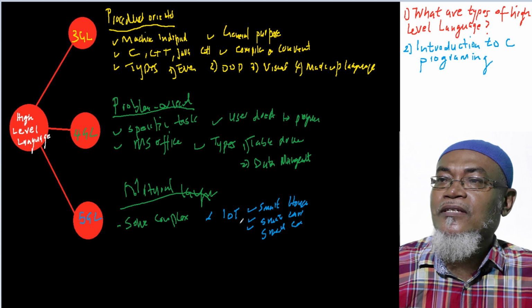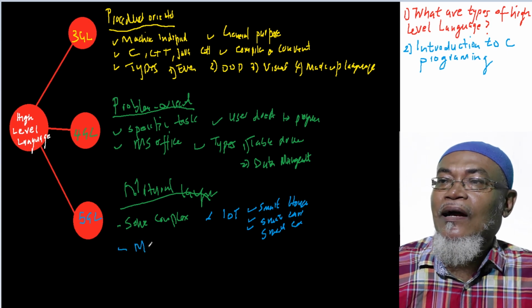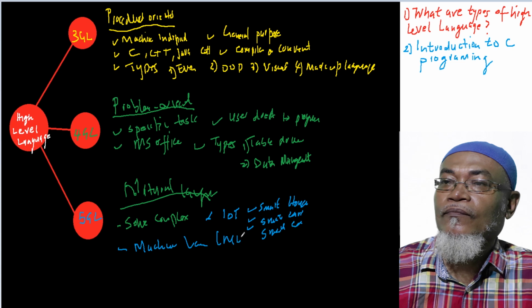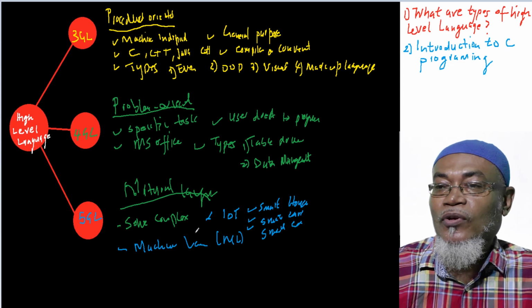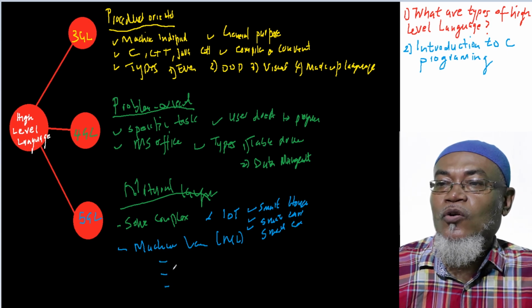These are more natural languages, and all this technology is based on what we call machine learning. Machine learning, or ML, algorithms are very powerful today, and there is a lot of research going on, and it is implemented by so many people.